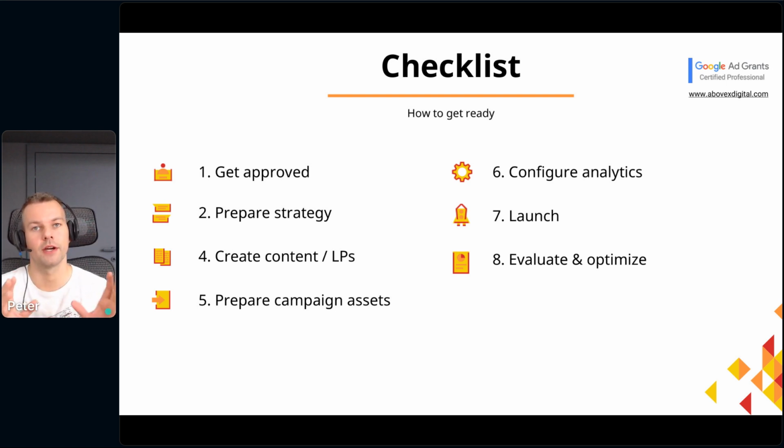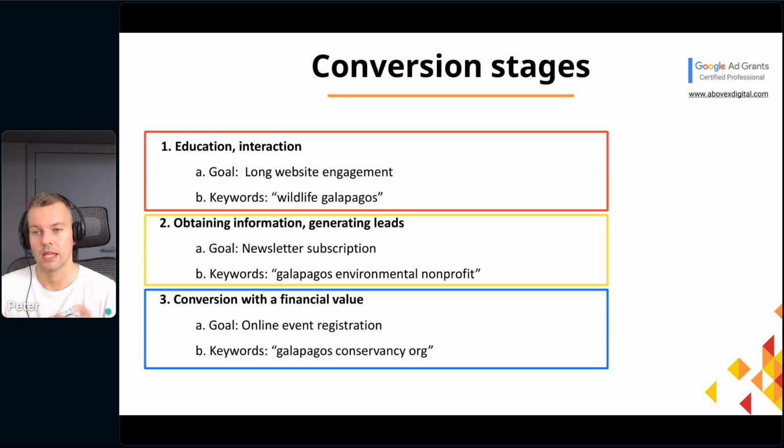It's very important to configure conversion tracking on every single one of them, test it ahead of time, link Google Analytics with Google Ads to make sure that you can track the activity that goes on these pages. And then after you have all that, then you can launch those campaigns and you can start optimizing them, evaluating the results. Right? So this is the process that we follow when running such campaigns.